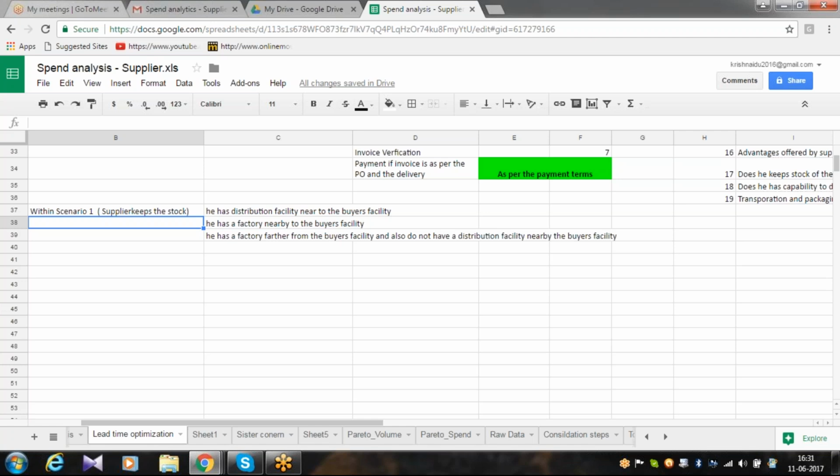So this is a scenario. Within scenario one, we have three scenarios. Supplier's factory is far, but he has a distribution facility closer to the buyer's facility. Supplier's factory and distribution facility both are very close to the buyer's facility. And third is supplier's facilities are not nearby to the buyer facility. Okay, so we will choose the scenario.